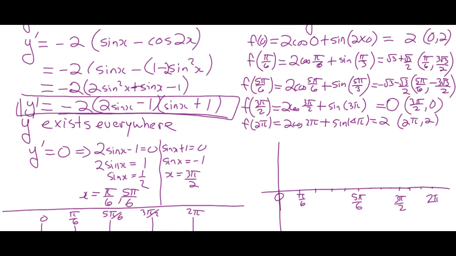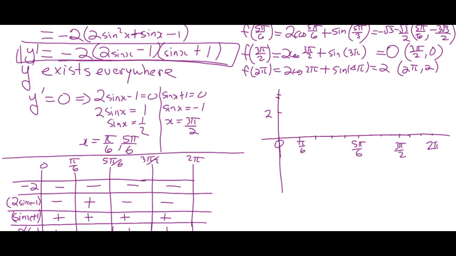And how high do we go? 3 root 3 over 2. Root 3 is like 1.7-ish, 1.8? That's about 2.7, a little less than 3. So we knew we need some 2's, and we need some a little less than 3's, and a little negative less than 3 down here. So this will be 3 root 3 over 2, negative 3 root 3 over 2.